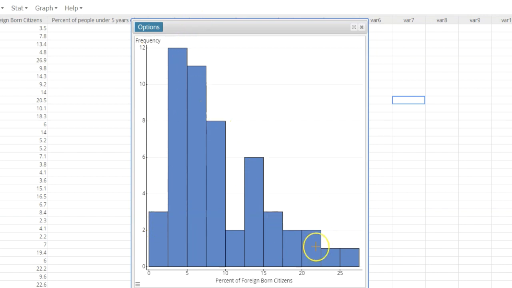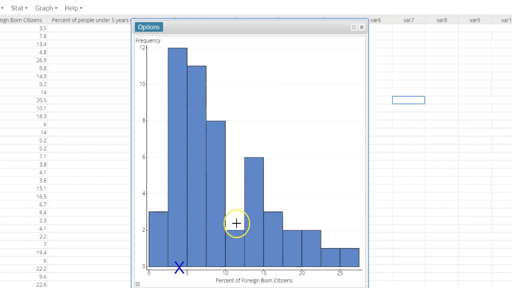I can see the tail is on the right. The mode is over here in the column as I highlight it. Between 2.5% and 5% of these 12 U.S. states have 2.5 to 5% foreign-born citizens.